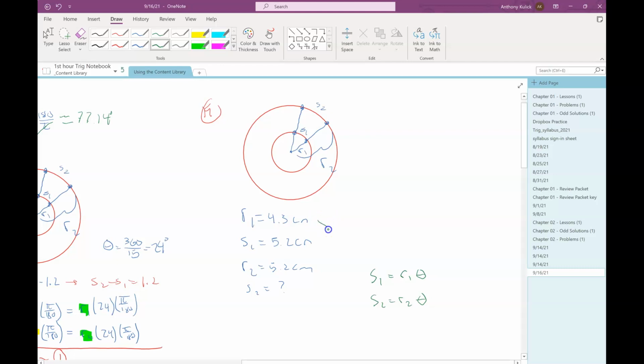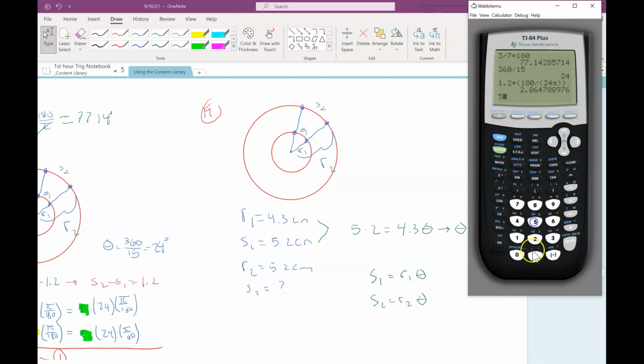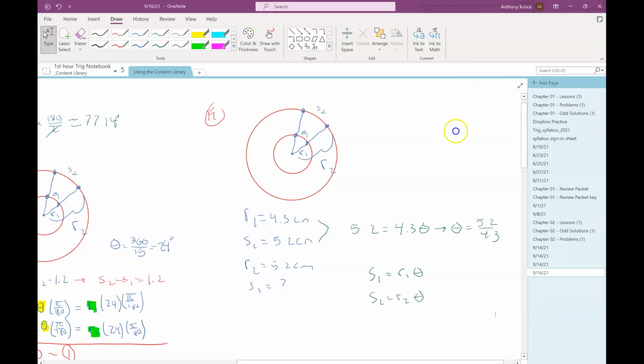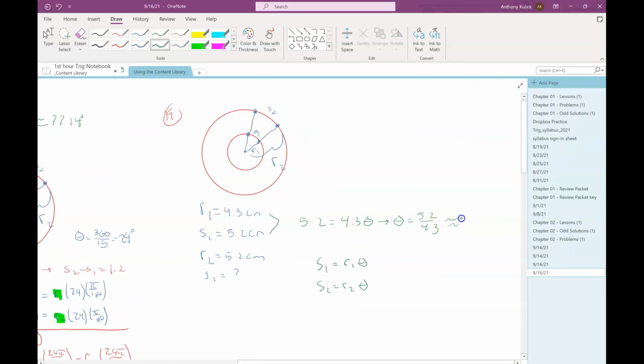So I'm going to use that first two pieces of information to solve for theta, and then use that answer in the other equation. So 1.21. Victoria, are you okay there? Yeah.